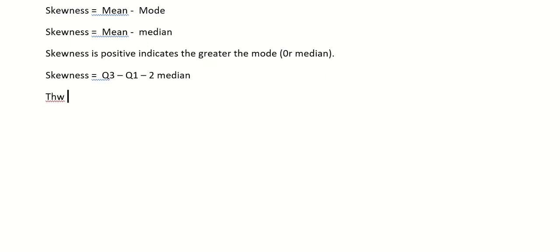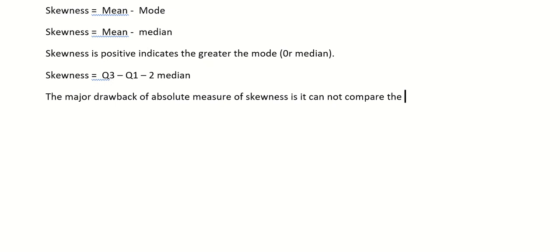The major drawback of absolute measure of skewness is that it cannot compare the skewness of two data sets.